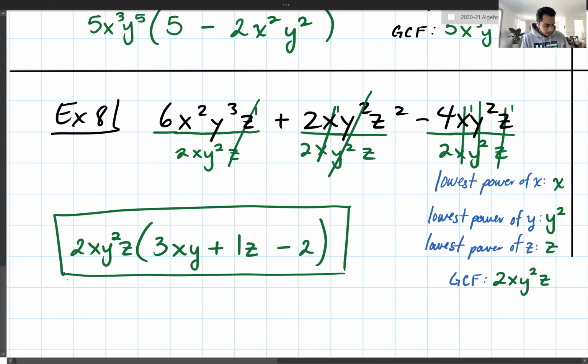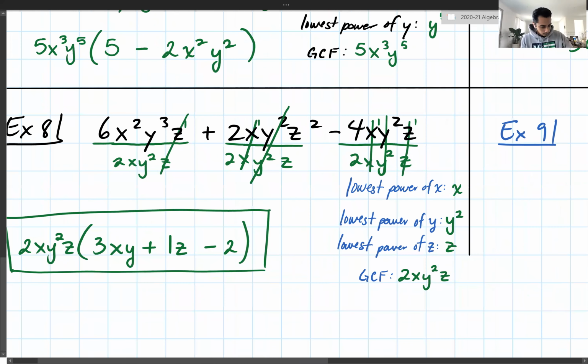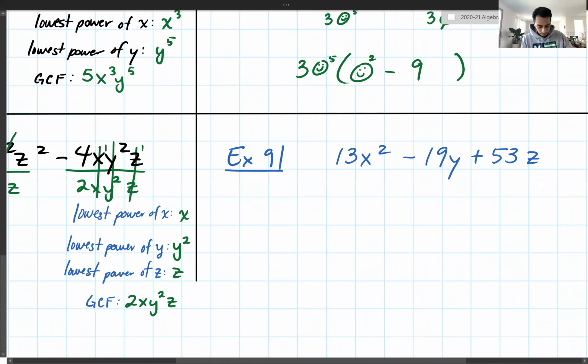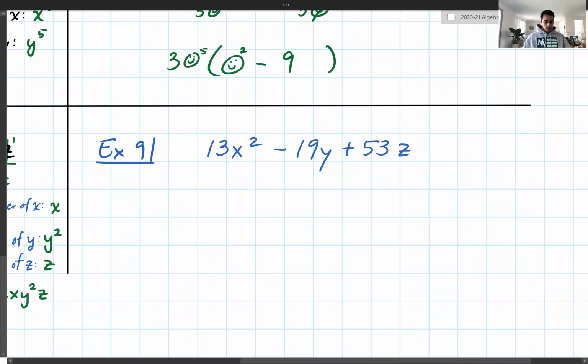And now our last one. Okay, this one is important to see as well. So take a look at number 9. Do you identify anything that could factor 13, 19, and 53?